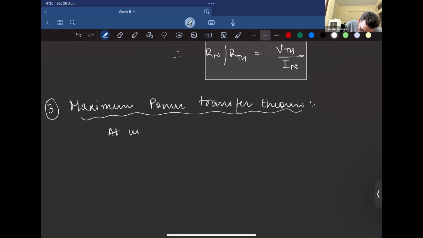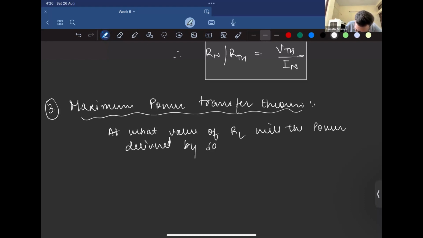At what value of RL, or load resistance, will the power delivered by the source be maximum?